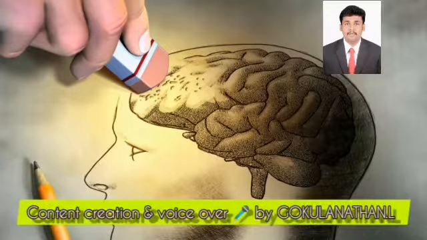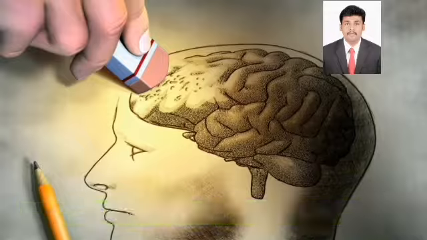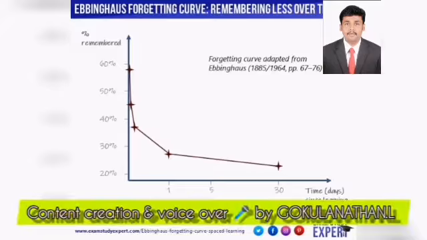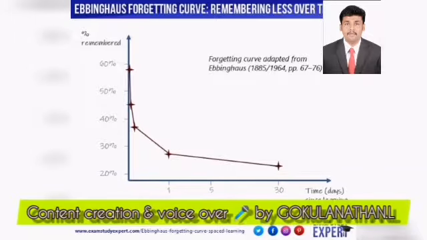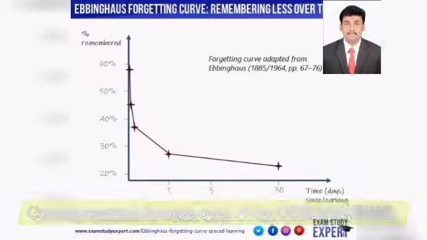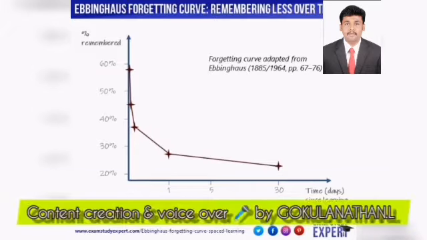Daily we are reading papers, seeing many people, seeing many contents around us. All the data will be stored in short-term memory only. But to push it to long-term memory, we have to give a proper revision or recall, revising the content regularly. Then only will it convert to long-term memory.